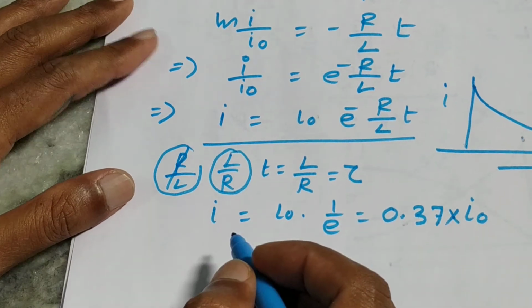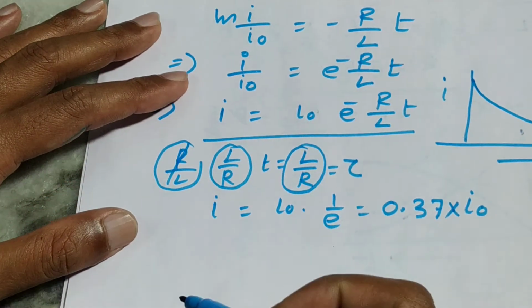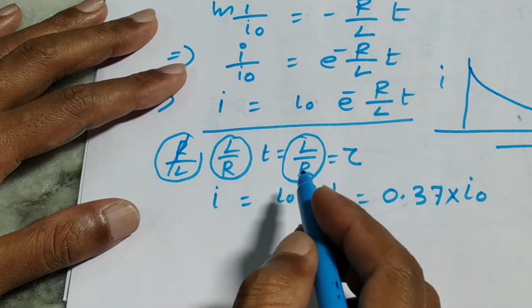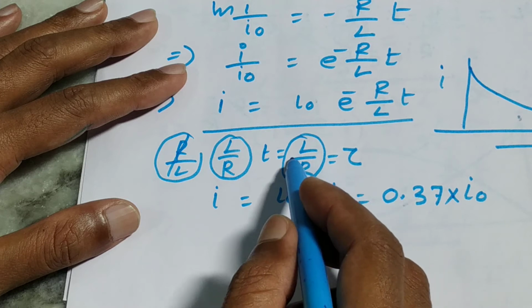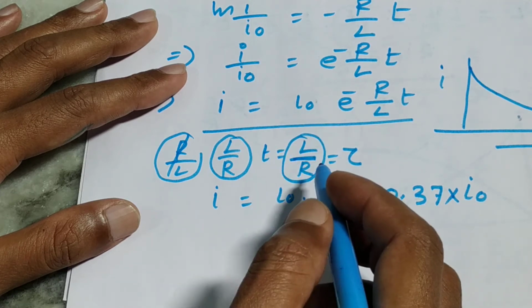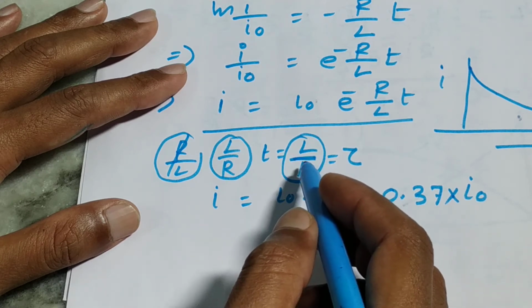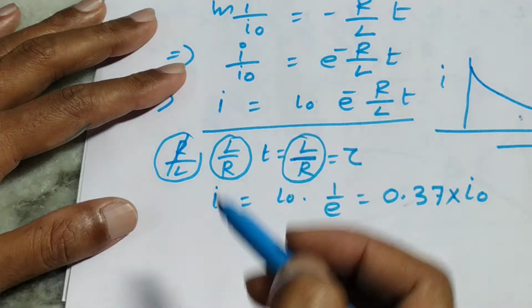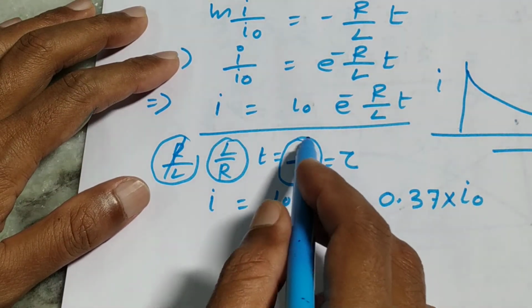And the time constant in the circuit depends on the values of L and R. With increasing inductance of the inductor, the time constant increases, and with increasing resistance, the time constant will be smaller.